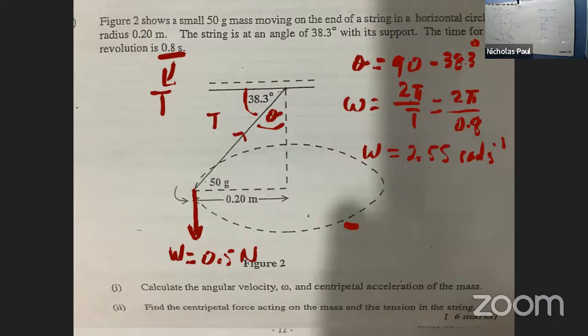Radians per second, s to the minus 1. How do we get the centripetal acceleration? A is equal to what?